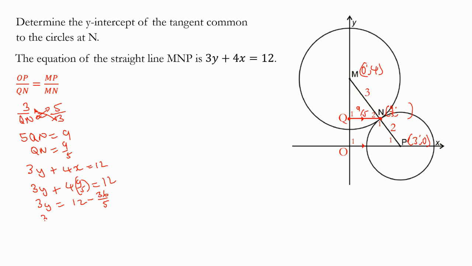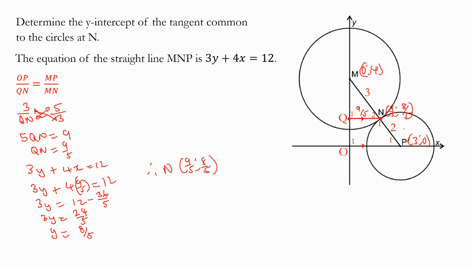And then 3y is equal to 24 over 5. And then we divide by 3 on both sides. So y is equal to 8 over 5. Therefore, N is 9 over 5 and 8 over 5. Those are the coordinates of N.